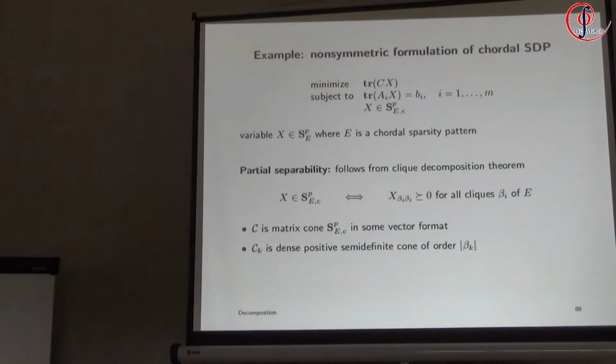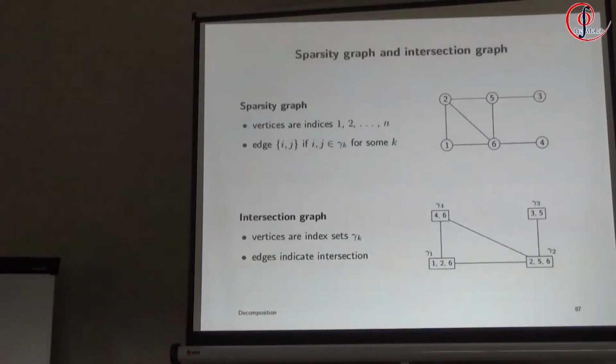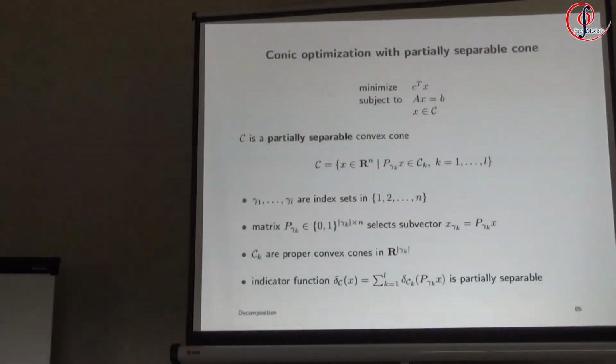And that means that you can actually characterize this cone by a list of smaller dense positive semidefinite constraints. It says that each of these principal submatrices of the matrix X has to be positive semidefinite. So that's an example of a more general type of structure that we call partial separability.